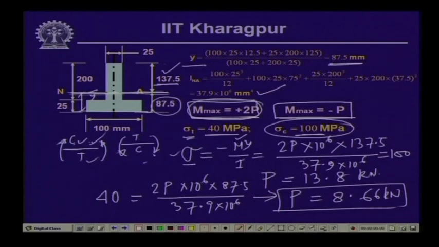Likewise, if we compute the stresses corresponding to the negative maximum moment, which is equal to P, this will produce a tensile stress at the top and compressive stress at the bottom.